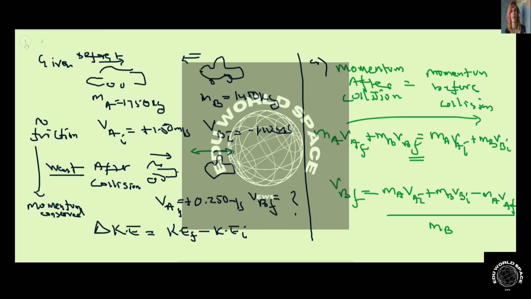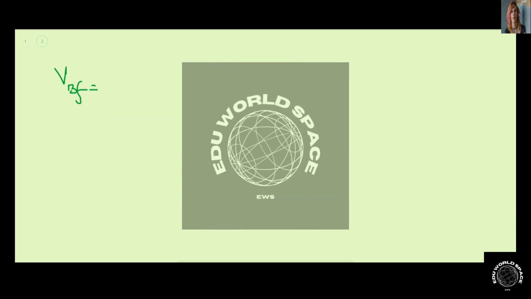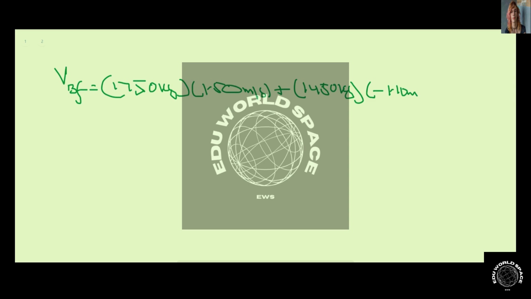And if you can see from that, we have the mass of A, 1750 kilograms, times the velocity of A, which is 1.5 meters per second, the initial velocity of A, 1.50 meters per second. And then also we want to add the mass of B, 1450 kilograms, times the initial velocity of B, 1.10 meters per second.